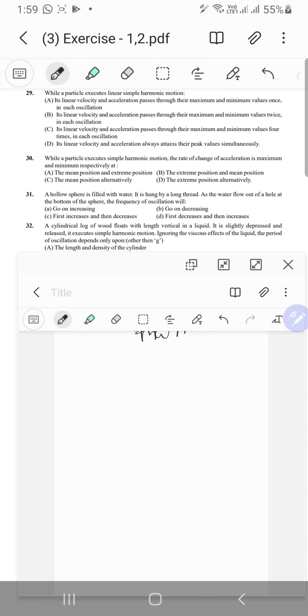Wait, what even is this? No, that's not correct. Not the peak values. Acceleration passes through maximum and minimum 4 times in each oscillation. Okay, that's not nice.